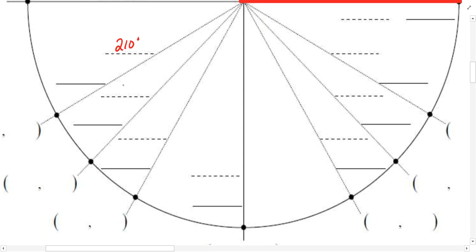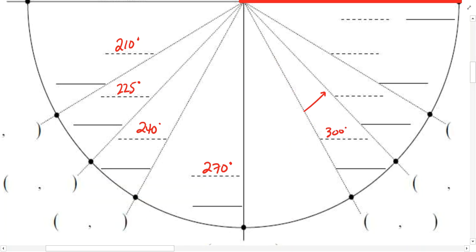The pattern continues from before. This next angle increases by 15, so we'll call this 225 degrees, then 240, and then finally 270 degrees. For the final quadrant, an additional 30 degrees at this position is 300 degrees.